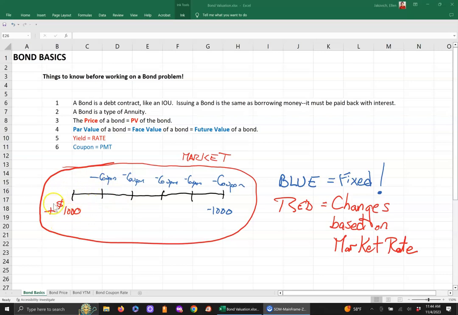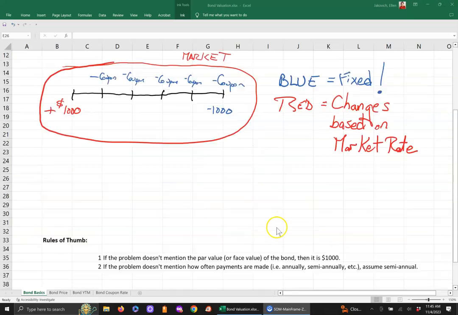They're going to start bidding up the price of your bond, and you'll get more than $1,000 for your bond, but you still only have to pay that 6% and your $1,000. Those are fixed. So there are two rates that you compare to each other to determine the price of a bond.